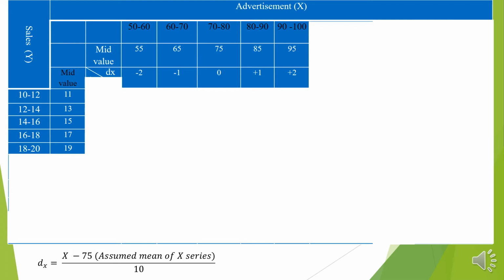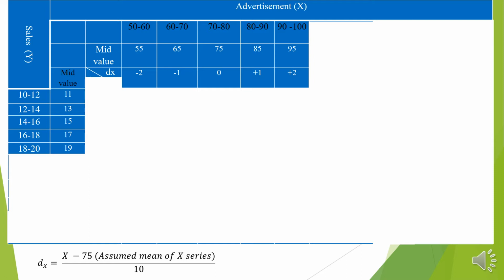For example, 55 minus 75 is minus 20, divided by 10 is equal to minus 2. Similarly 65 minus 75 divided by 10 gives minus 1. This is 0, and here it is 85 minus 75, plus 10 divided by 10, is equal to 1, and here 95 minus 75 divided by 10, so it is plus 2.